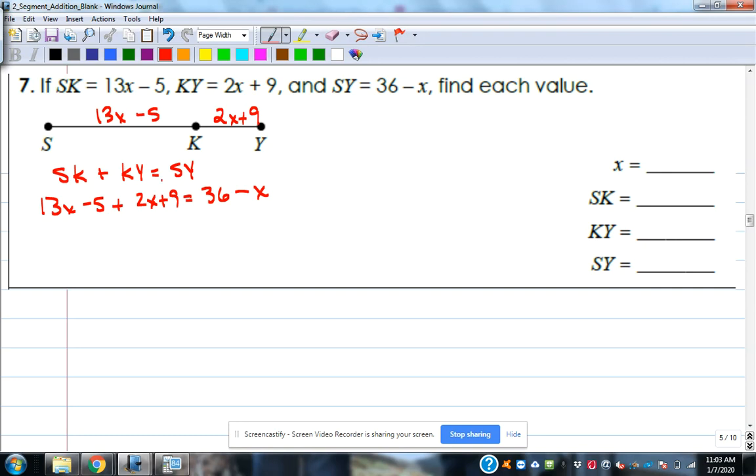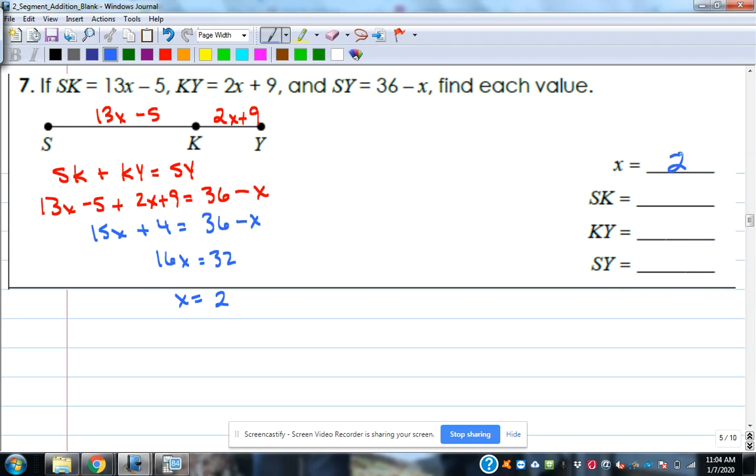So nothing too strenuous there. Just be careful that you don't put the wrong piece in the wrong place. So that'd be 15x plus 4 equals 36 minus x, so 16x equals 32 and x equals 2.